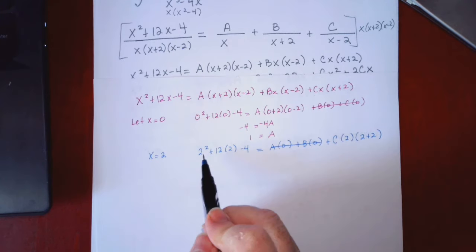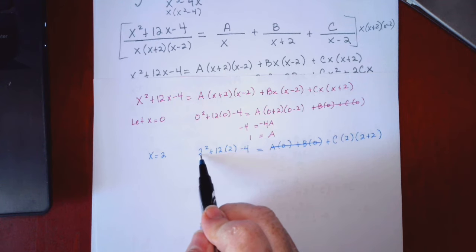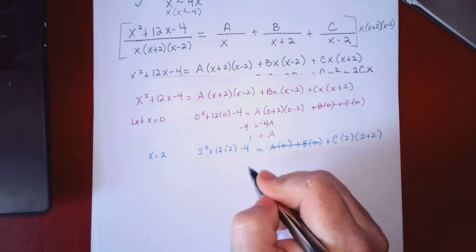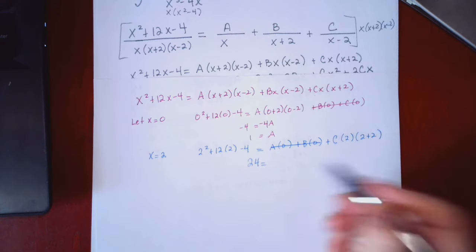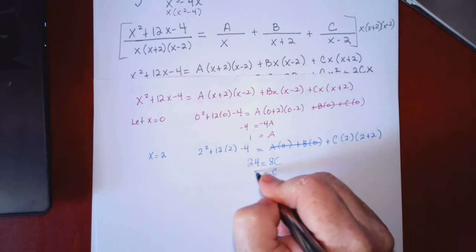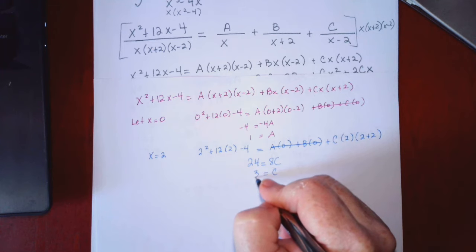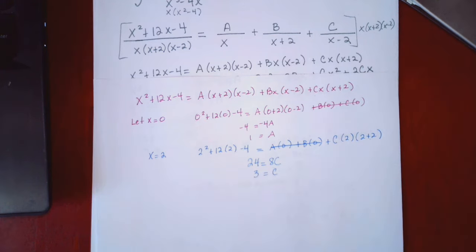All the terms with an X minus 2 in them become 0, and we would have 4 plus 24 is 28, minus 4 is 24, is equal to 8C, or C is equal to 3.